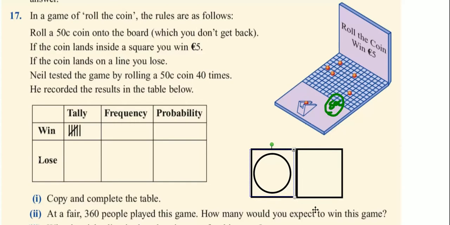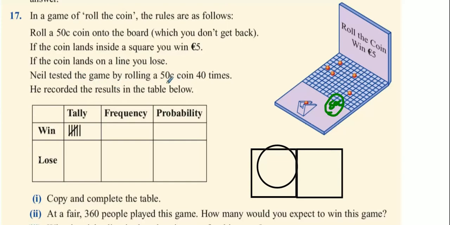But I get what you're saying. Just make it a slight bit bigger. Something like that, yeah? So if it doesn't touch any lines, I win. But if it does, I lose. Make sense? Okay. Awesome. If the coin lands inside the square, you win €5. If the coin lands on a line, you lose.